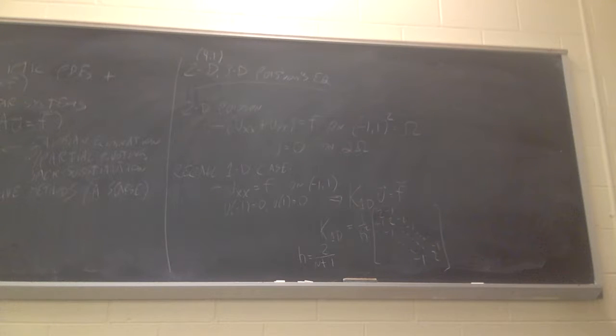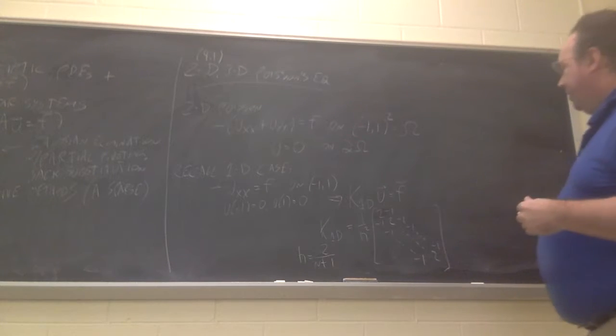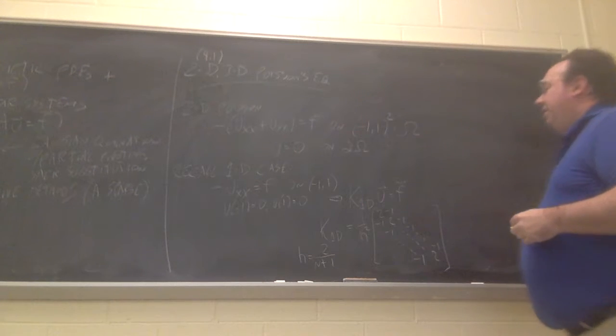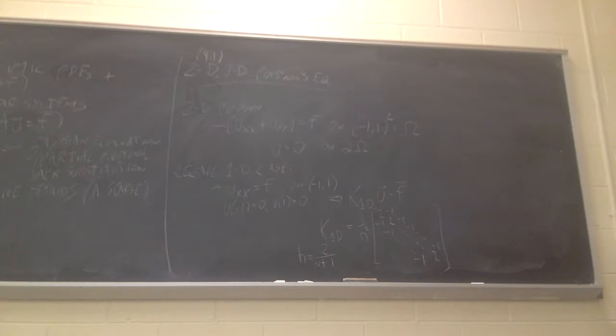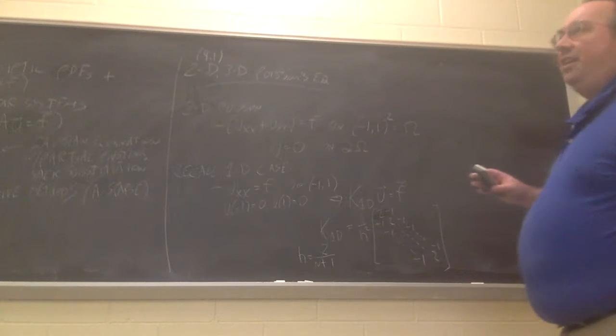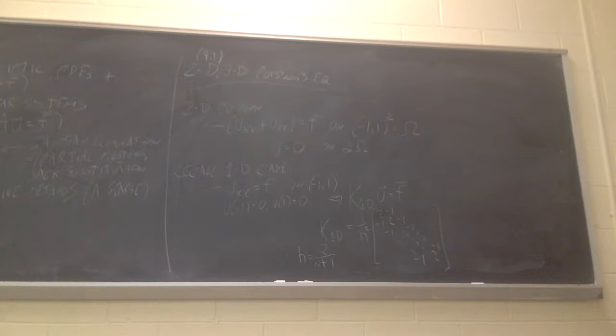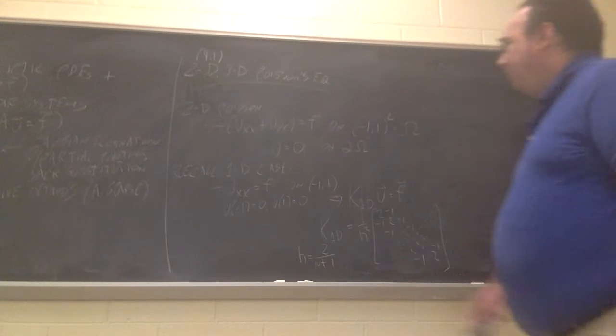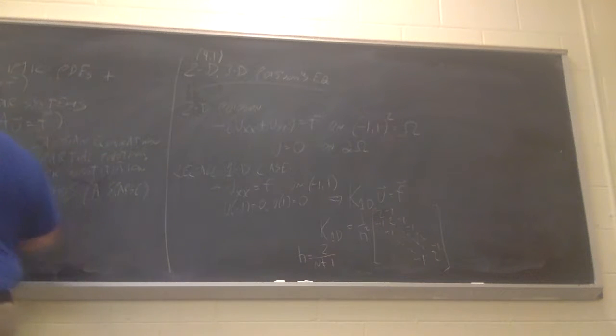So ideally we'd like to be able to use this to handle the two-dimensional case. Now, I'm going to give you an idea of what the matrix looks like, basically the hard way of getting it, and then I'll show you that there is actually an easy way in MATLAB to get the right matrix in the 2D case.